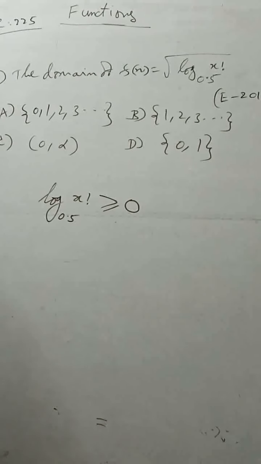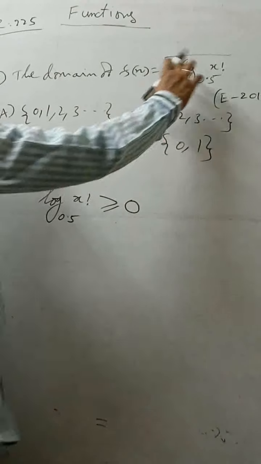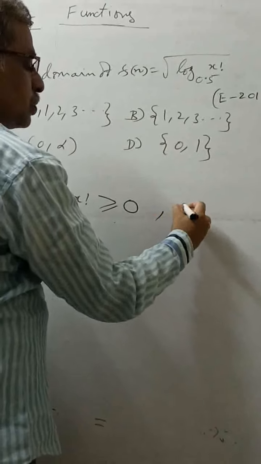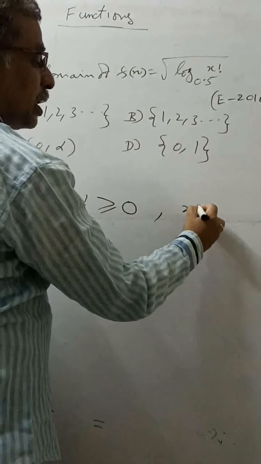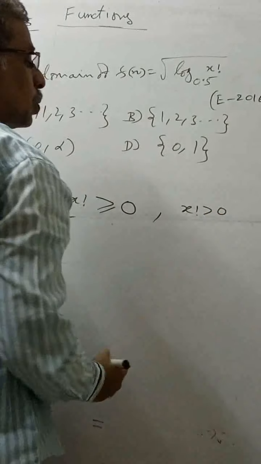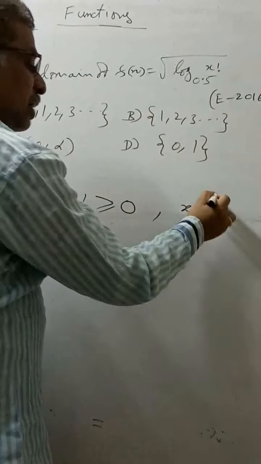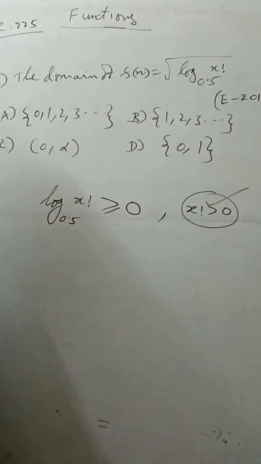So this is our first point. Next, log is defined only for positive values. x factorial must be greater than 0. So this is always true, no problem. Only problem is this. Now coming to this, log of x factorial to the base 0.5 greater than or equal to 0.